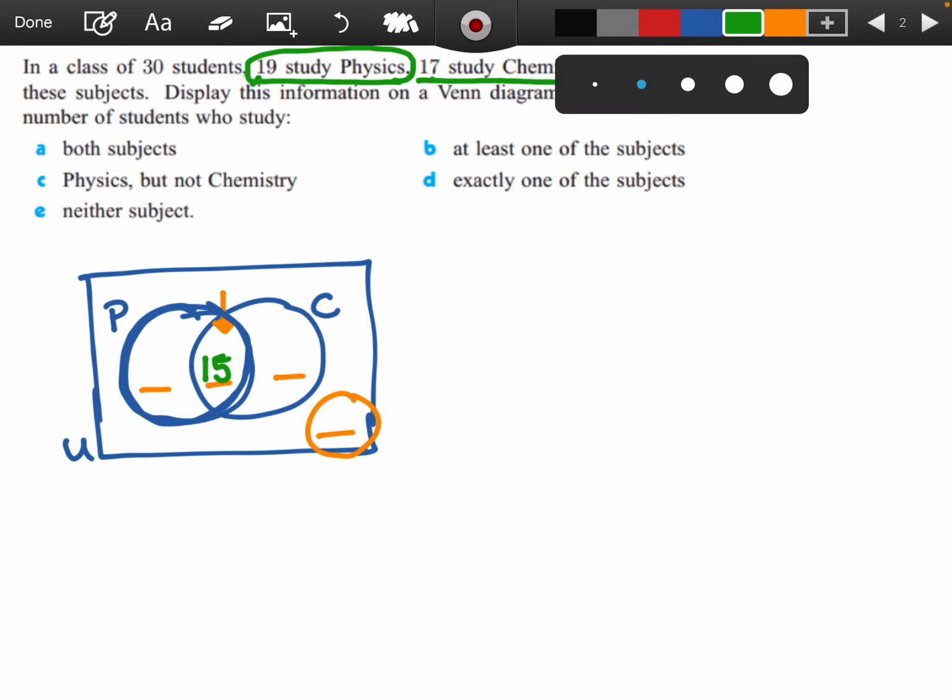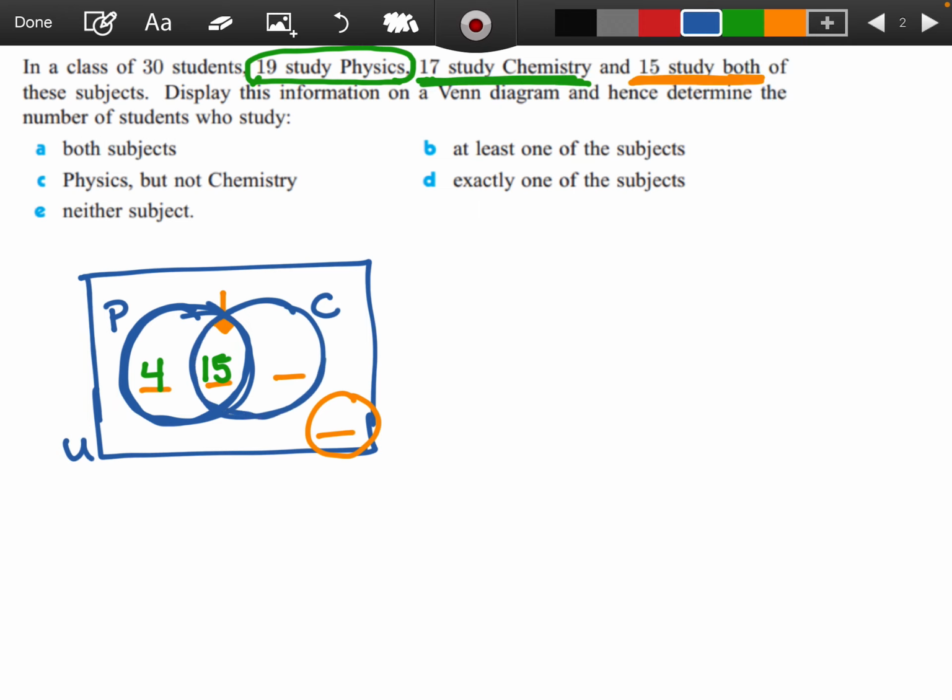So that leaves me with 4 slots for people who study only physics. Similarly, if 17 study chemistry, that means that in the chemistry circle, I must account for 17 people. There are already 15 people in that circle. So that means I have 2 spots left to put people into the chemistry circle.